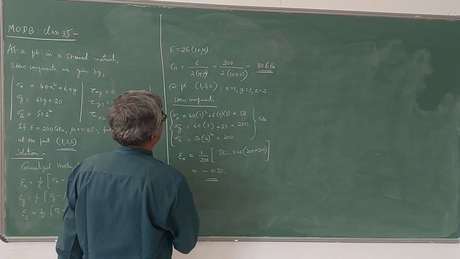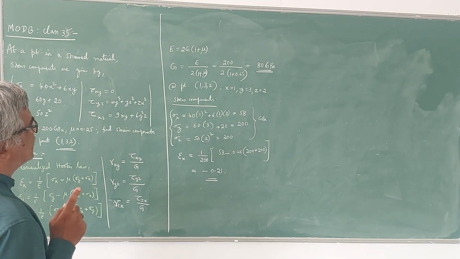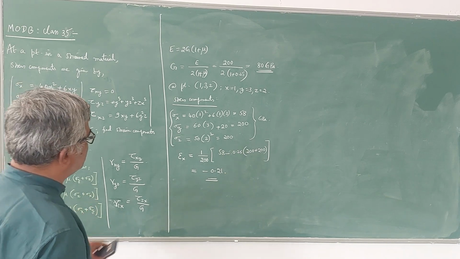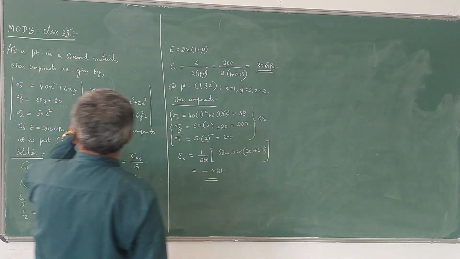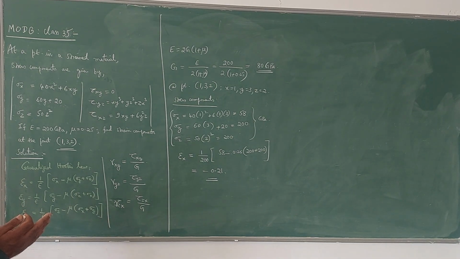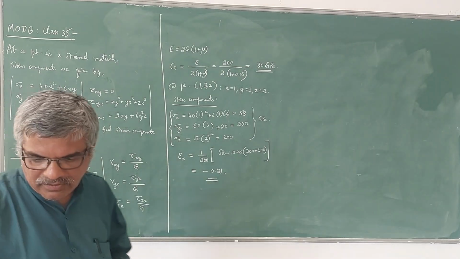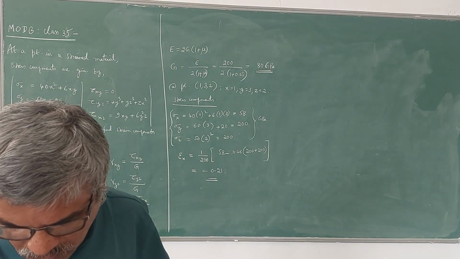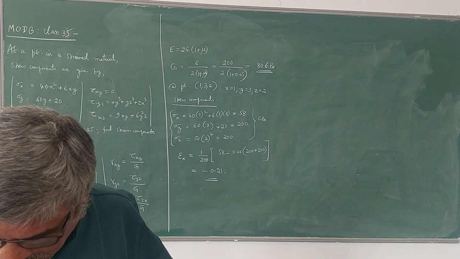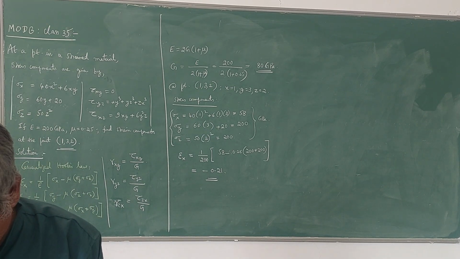Here one thing you should keep in mind. I have kept the value of E in GPa only, but for this x, y, z we don't know whether it is in meters or millimeters. So normally we take the values in MPa.